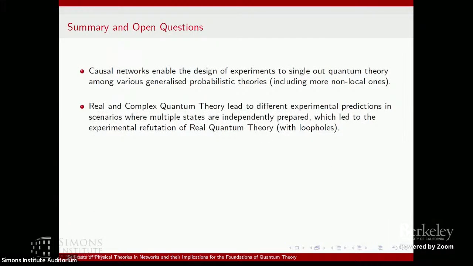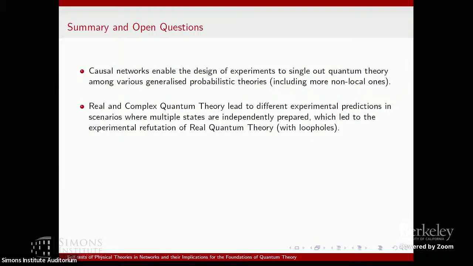Okay, so, summary. I hope to have convinced you that networks are a very useful tool if we want to rule out different generalized probabilistic theories people are researching. These also include theories that, for instance, in the usual Bell scenario, are more non-local than quantum theory.